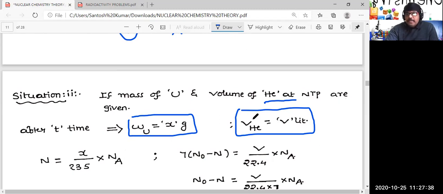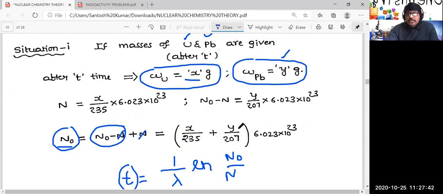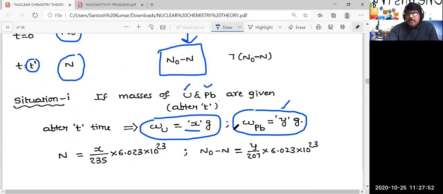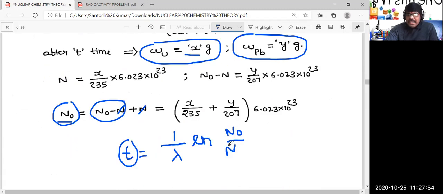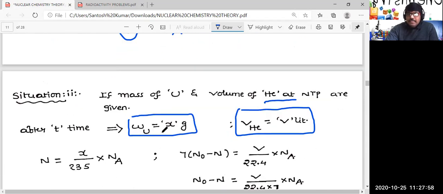And if you observe the stoichiometric equation already shown here, according to this, 1 mole of uranium is producing 7 moles of helium, right? So 7 times N naught minus N. But here we have volume, whereas before mass was given.